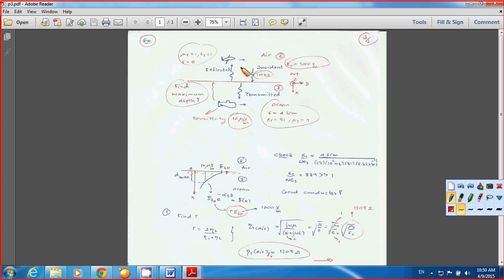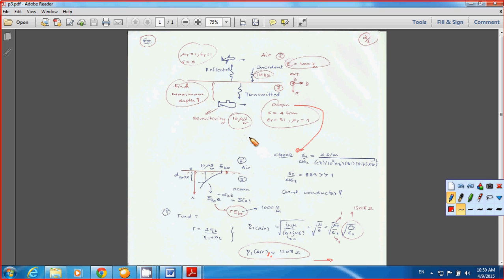at which it is still able to detect the signal with a magnitude of 10 microvolts per meter. Okay, the aircraft sends out the signal with a frequency of 1 megahertz, and mu r, epsilon r, and sigma in both media are given. Alright, first of all, you need to check what type of medium the ocean is here.